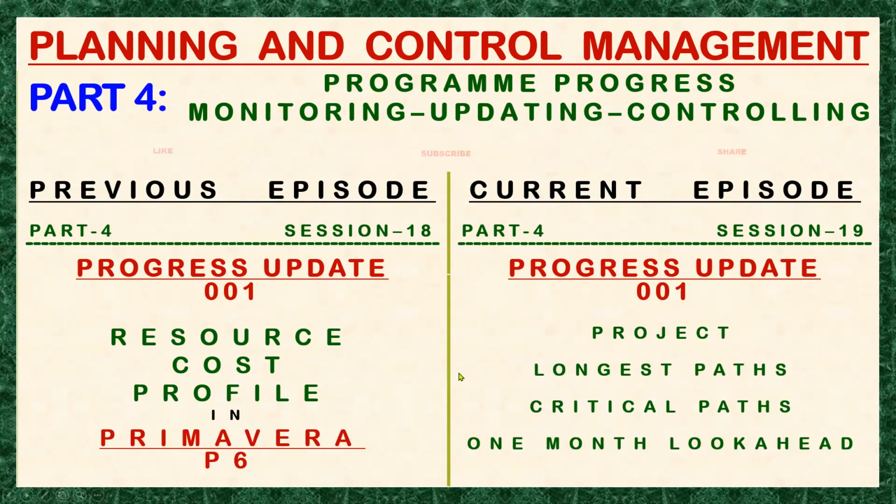Okay, what is the use of the longest path, or I mean the critical path, and 1 month look ahead in our schedule or in our project?